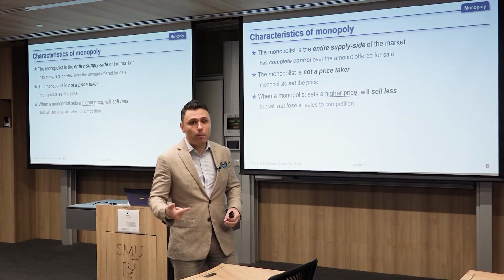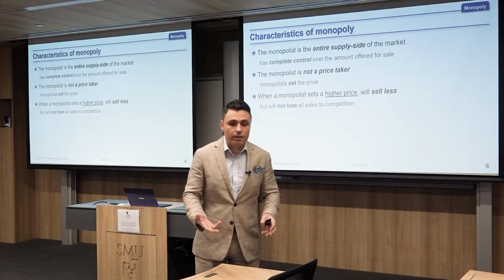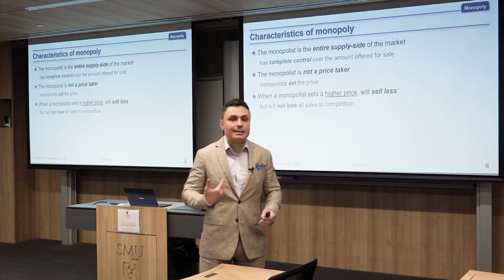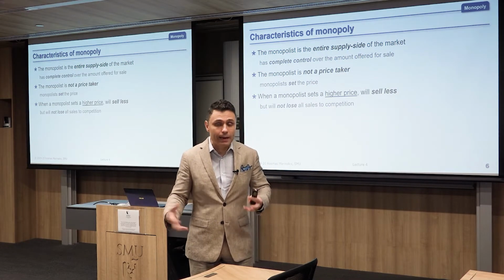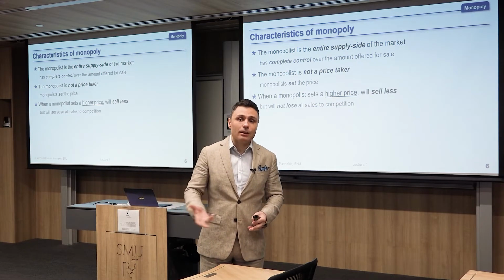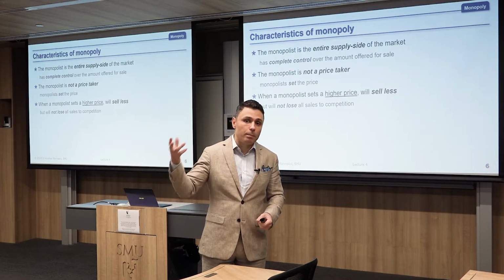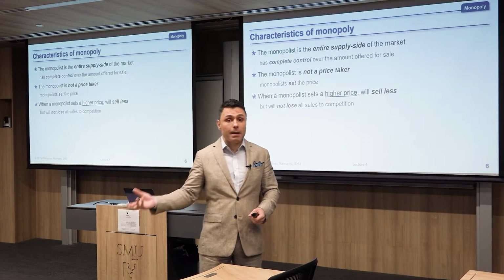Now, when the monopolist sets a higher price, of course, the monopolist will sell less, because it doesn't matter if there are many sellers or just one seller. When I demand something, I have my own rules of affordability, my own income, my own preferences, and I will not be paying no matter what price people ask me. Of course, I will forgo consuming the product, which is what I do with many, many products.